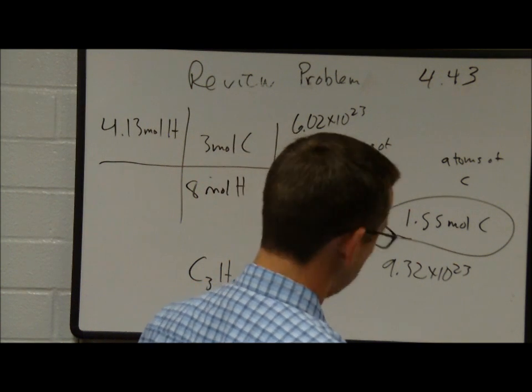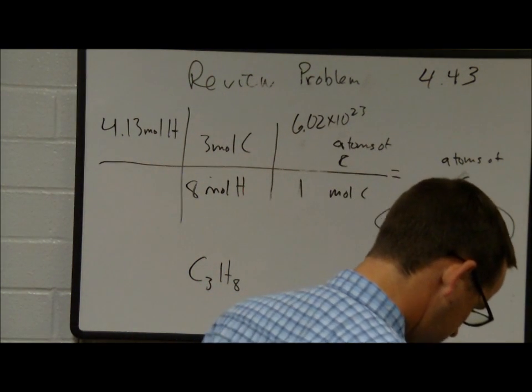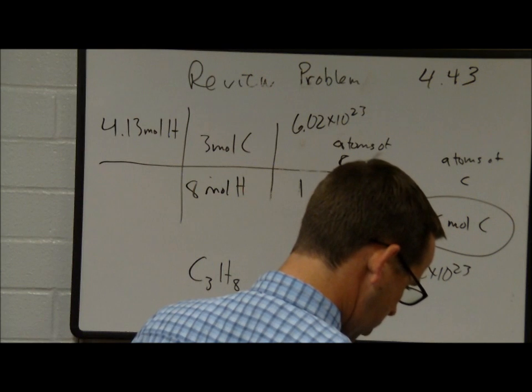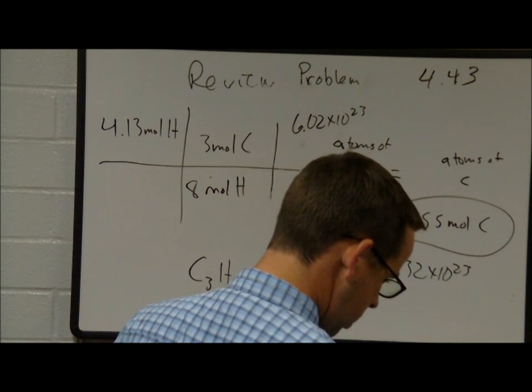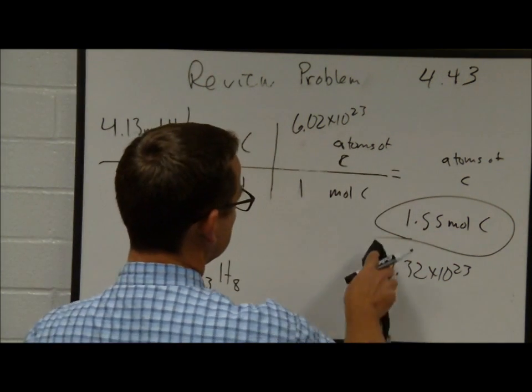All right, what's next? 445. What is the total number of carbon, hydrogen, and oxygen atoms in 0.260 moles of glucose?